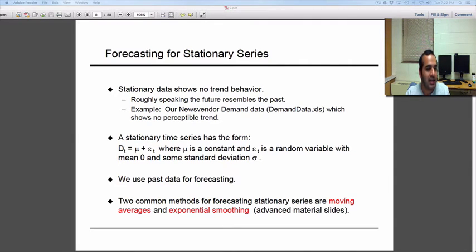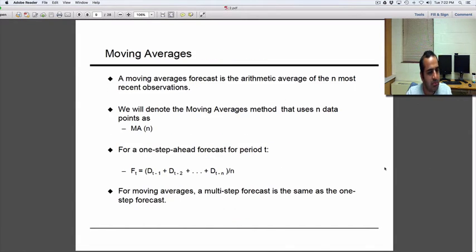I'll cover moving averages in this video and exponential smoothing in the next video. In the moving average method, the forecast is the arithmetic average of the n most recent observations.